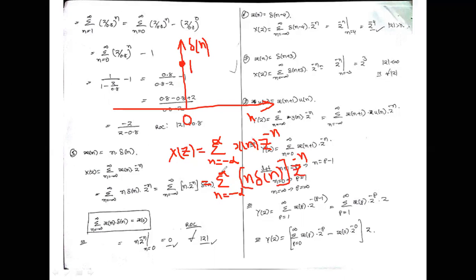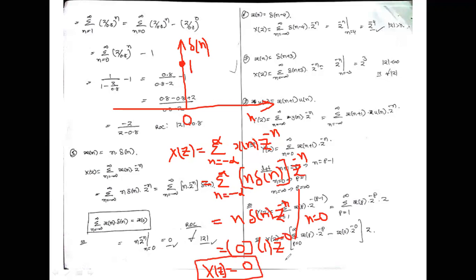In this range, we have only one value for the delta, so it becomes n into delta of n z power minus n at n equal to 0. For all the remaining values, delta of n is 0. What is delta of n when n is equal to 0? 1. So 0 for n, 1, and z power minus 0. The total function is 0. So X of z is 0.